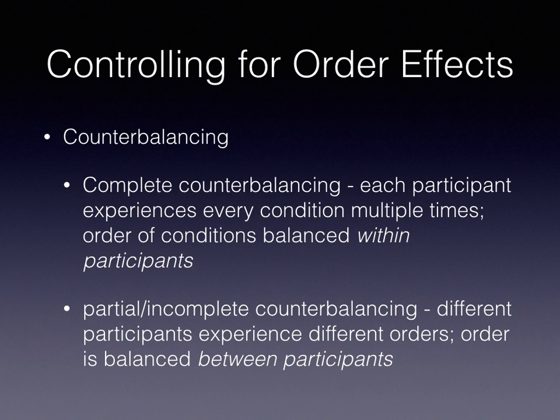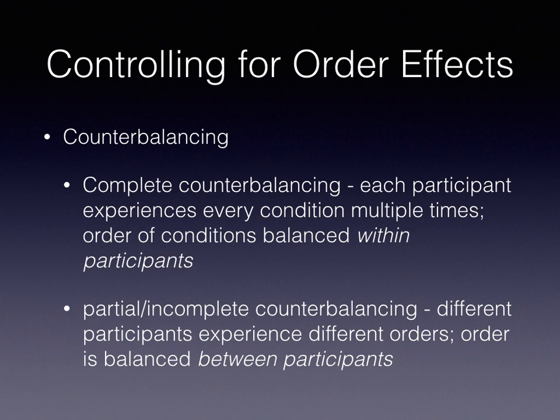The first type of counterbalancing, that is people experiencing different orders of different conditions, we call complete. We call it complete because every participant is going to experience every condition multiple times. Everybody in any repeated measures study experiences all conditions.